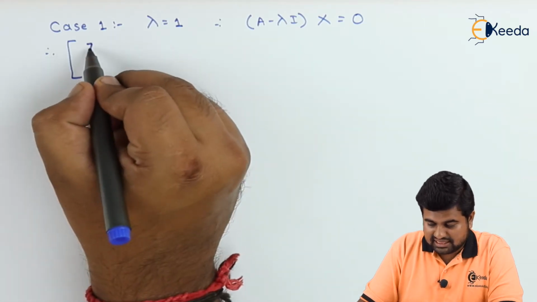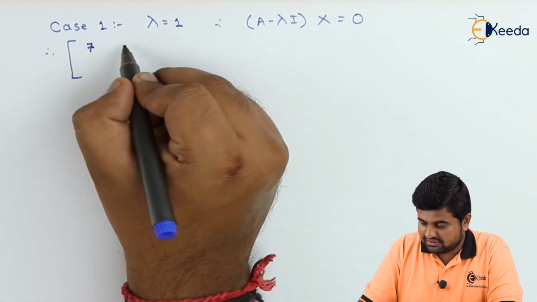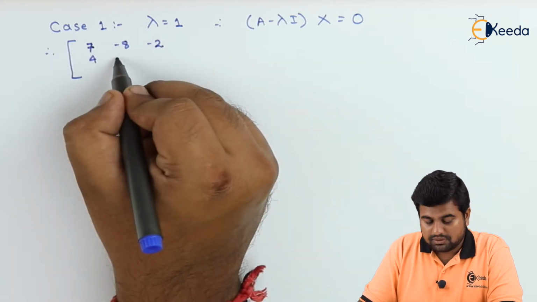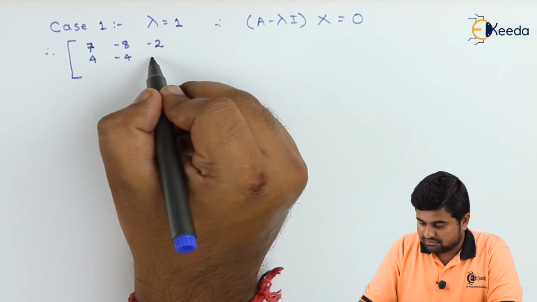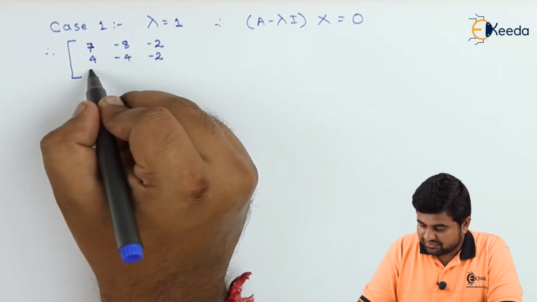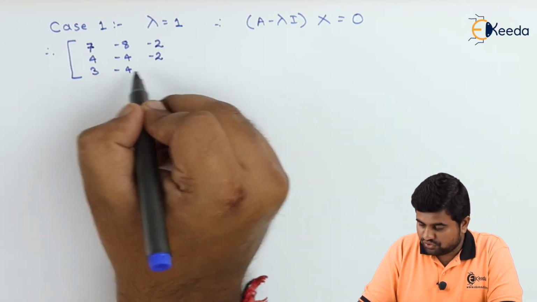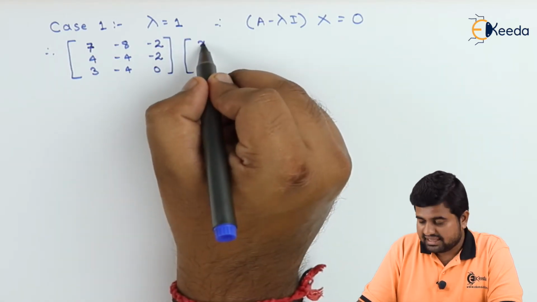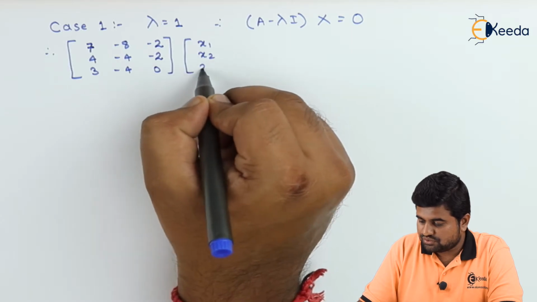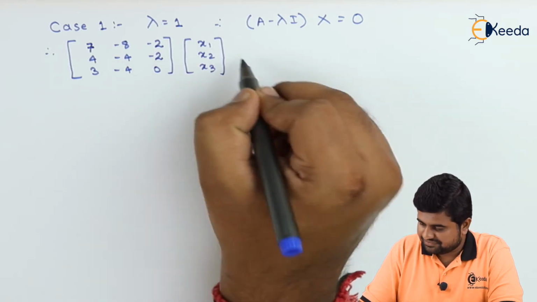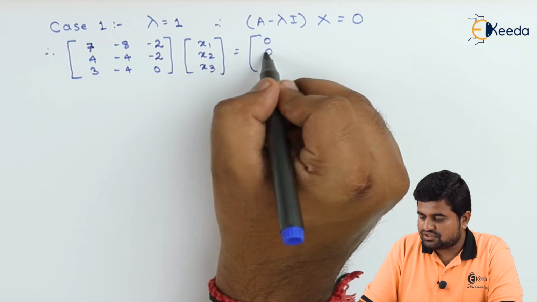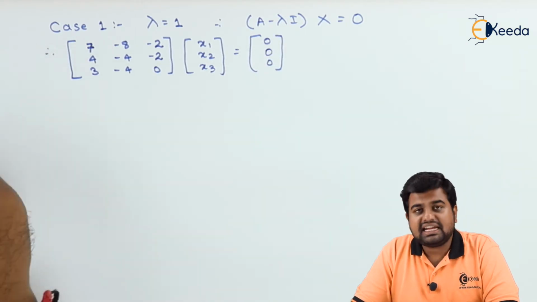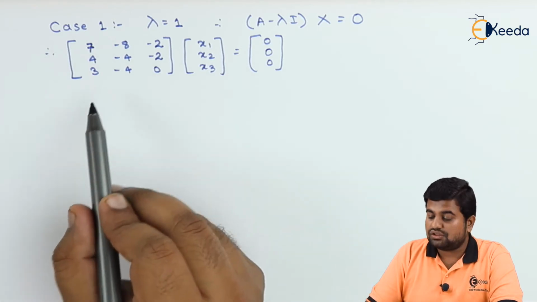So I'll get 8 minus 1, 7, minus 8, minus 2, 4, minus 3 minus 1 is minus 4, minus 2, 3, minus 4 and 1 minus 1 is 0, times x1, x2 and x3, equal to 0, 0, 0.